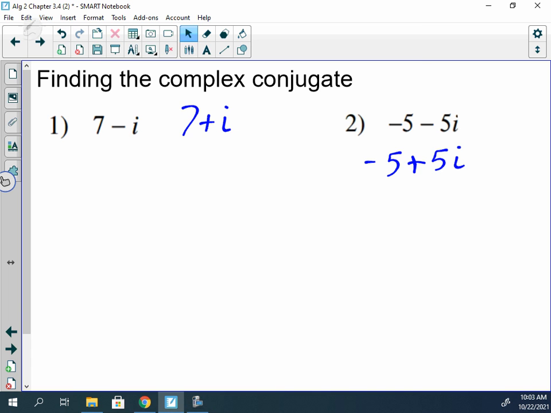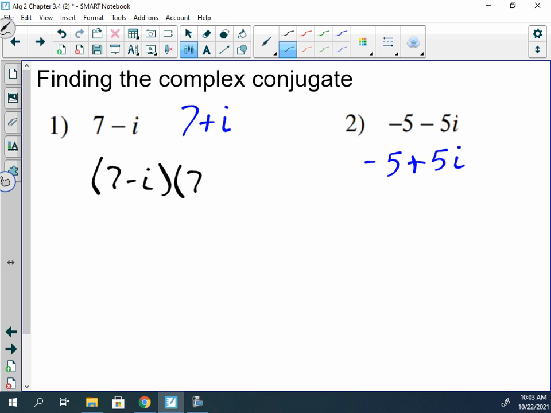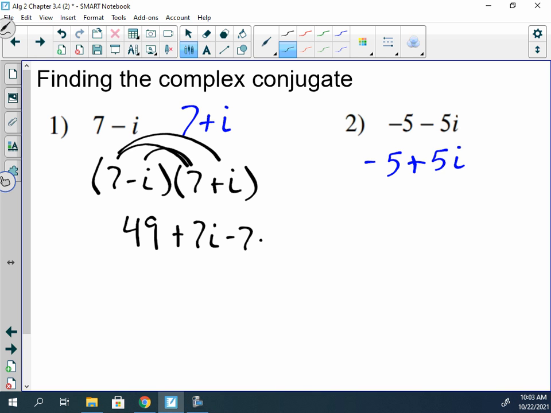Now, before we move on, there is something very interesting with conjugates. I'm going to take the first one here, 7 minus i, and multiply it by 7 plus i. I'm going to multiply the two conjugates together. Now, 7 times 7 is 49. 7 times i is plus 7i. Negative i times 7 is negative 7i, and negative i times i is negative i squared.